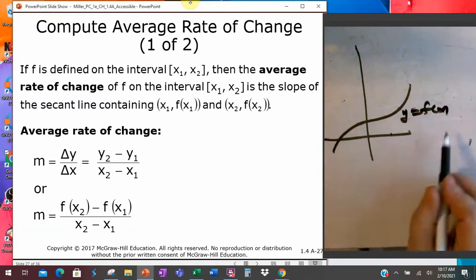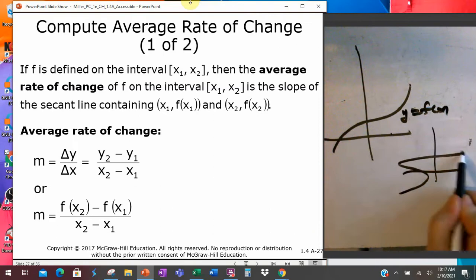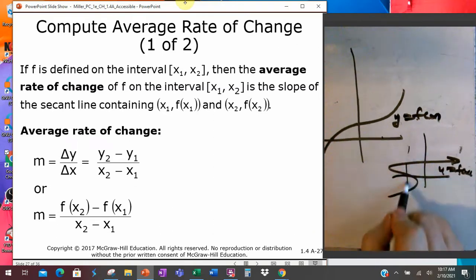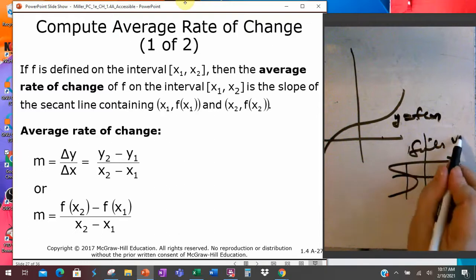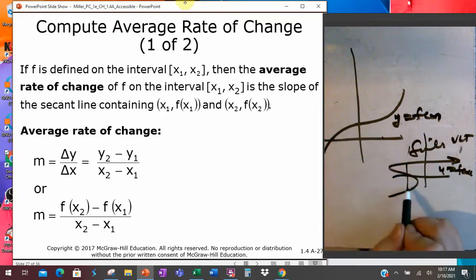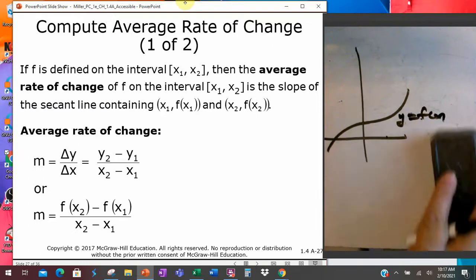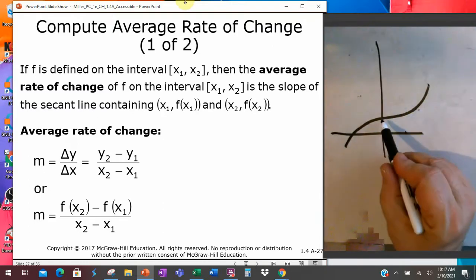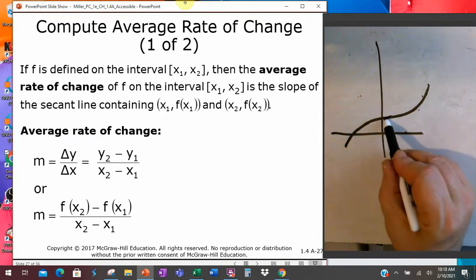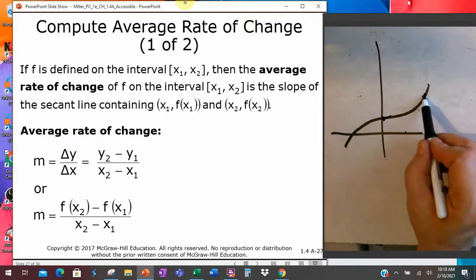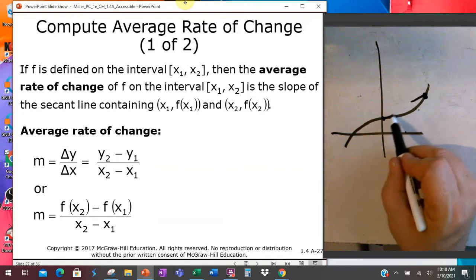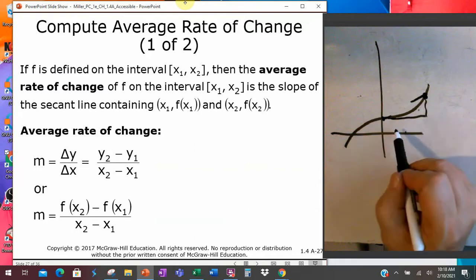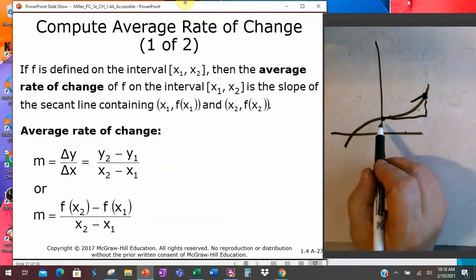I would never do this and say y is some function of x. Why not? Because it fails the vertical line test, okay? So I start out with here, and then I'm going to say, well, what's the slope of this? If I pick 2 points like here and here, I get one value for my slope, delta y over delta x. Okay.